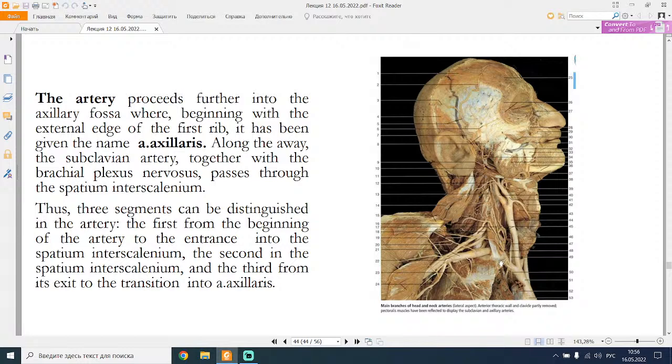Three segments can be distinguished in the artery. The first, from the beginning of the artery to the entrance into the spatium interscalenum. The second, in the spatium interscalenum, and the third, from its exit to transition into arteria axillaris. These are the three segments of arteria subclavia.